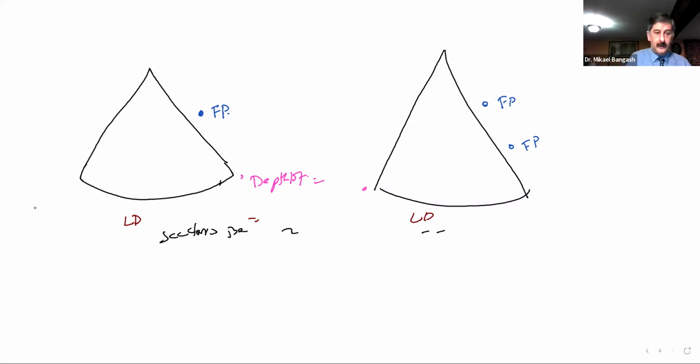If we just name them A and B. Now in A, what would we have? Mainly, due to one focal point, the temporal resolution would be good. Whereas in B, due to two focal points, the temporal resolution will be bad.